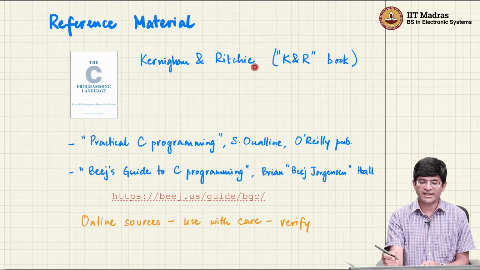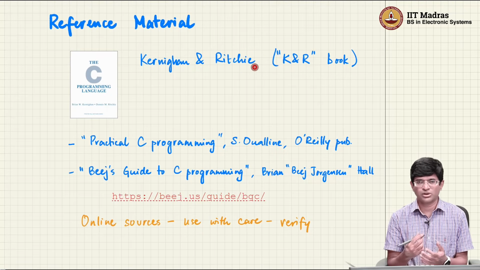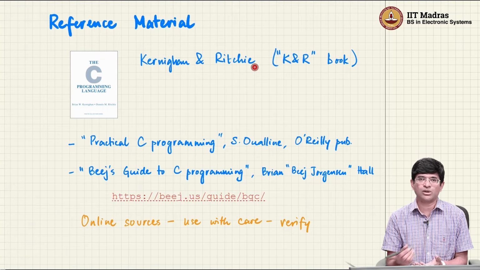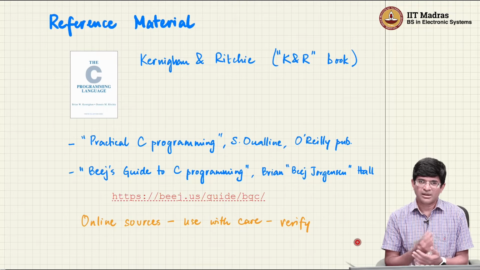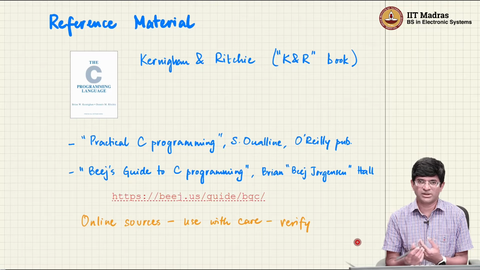So Kernighan and Ritchie wrote the first book bringing out the details of the C programming language. Even now, it is an extremely useful reference, and it's a very simple, relatively thin book, given the kind of things you would normally find in order to try to teach a language.